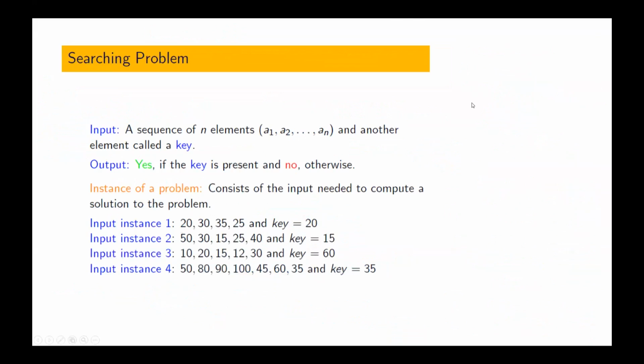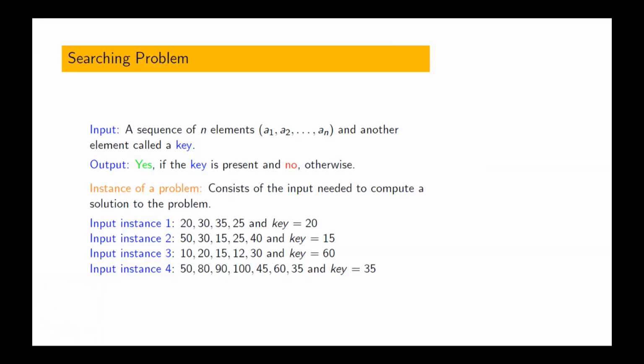Okay, next we move on to the next problem. The problem is the searching problem. What is the definition of the searching problem? What is given as input and what is given as output? We are given a set of elements, or a list of elements, or an array of elements as input.